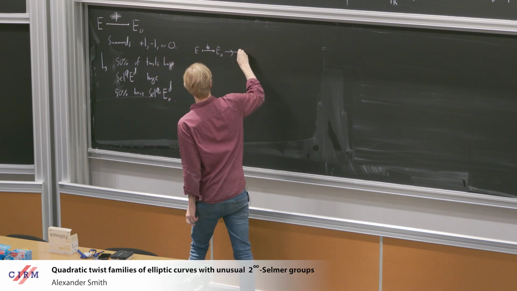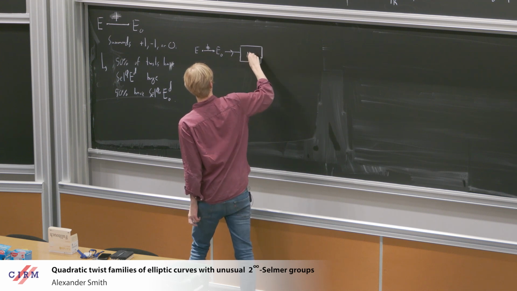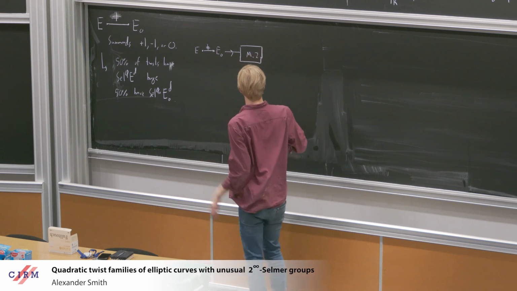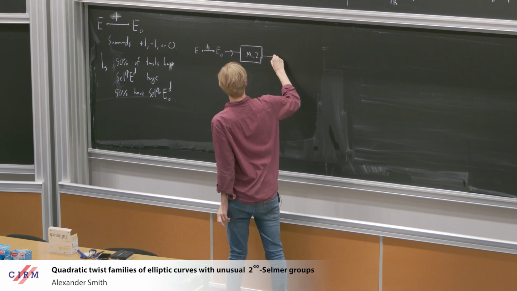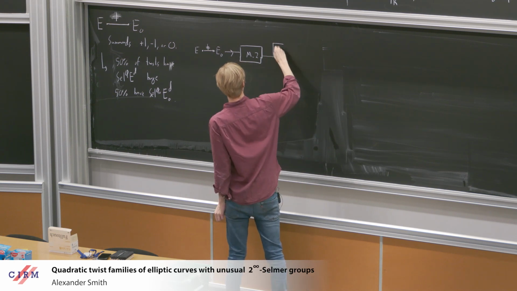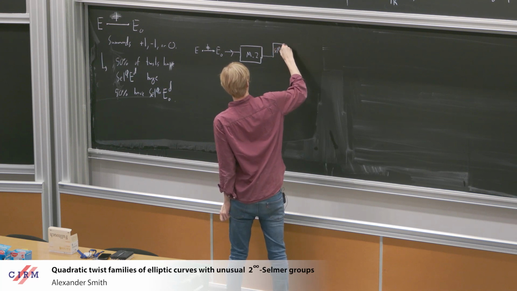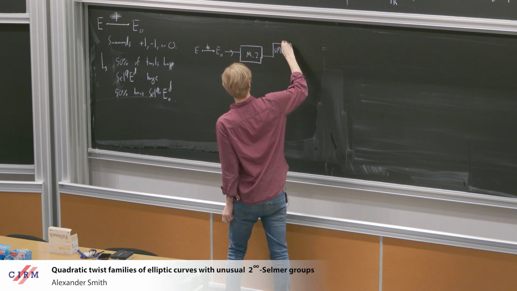And we put it into machine 2. And what we find is that half the time, the 2-Selmer groups of E are going to be nice. In particular, this niceness condition amounts to asking that Sel_φ of E_D is equal to 0.